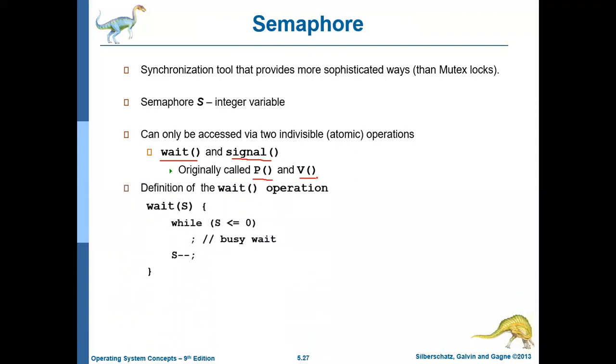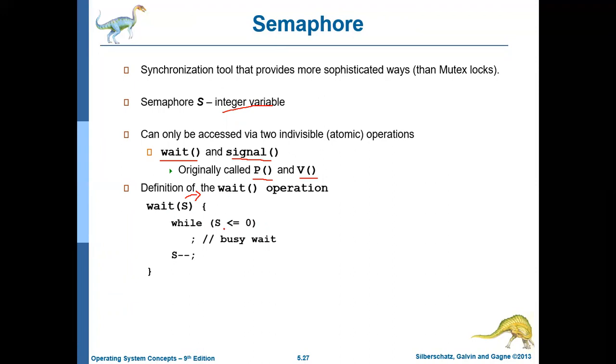And this is how the typical wait instruction appears. Okay, so wait and signal are atomic instructions, and this is how wait appears. So wait on the semaphore S. So S is connected to a shared resource, and S holds an integer value. In the wait, what we are checking is whether S is less than or equal to 0.